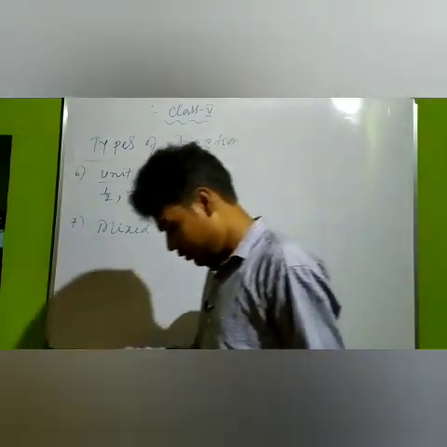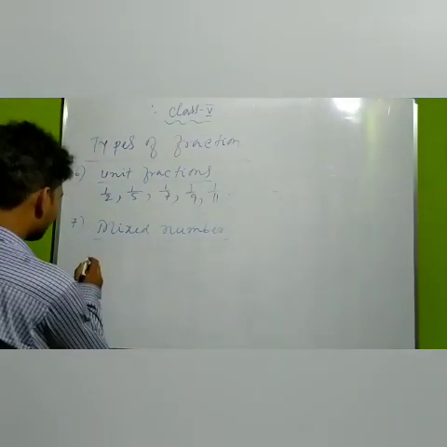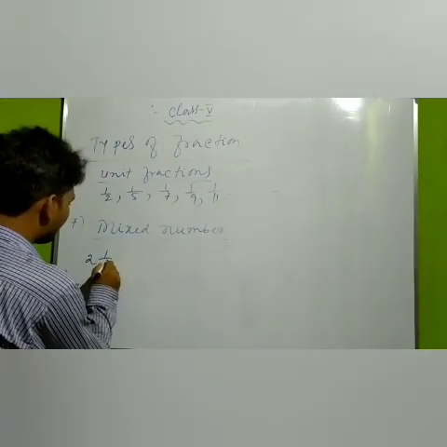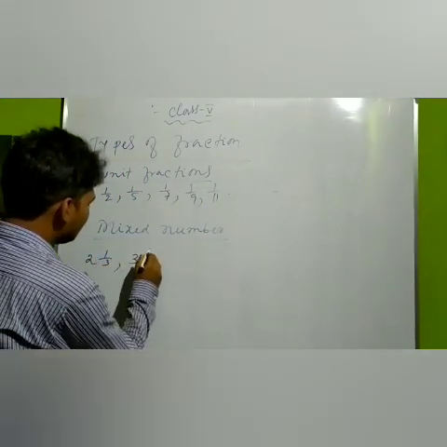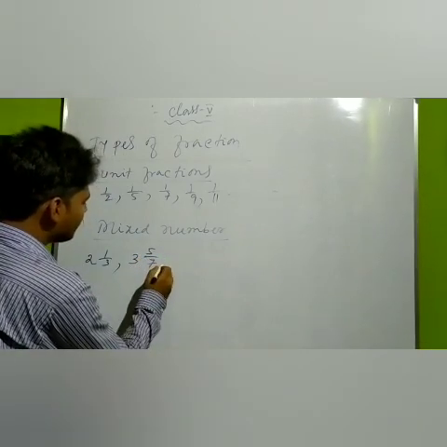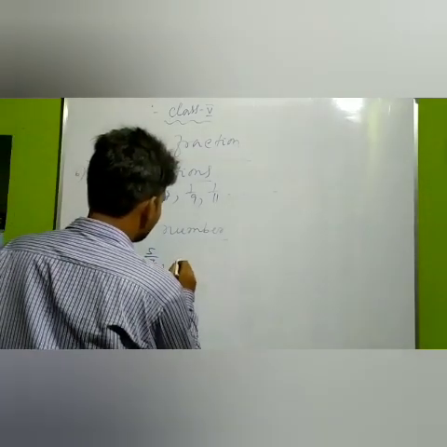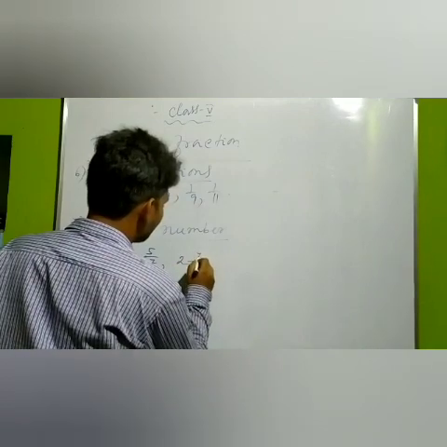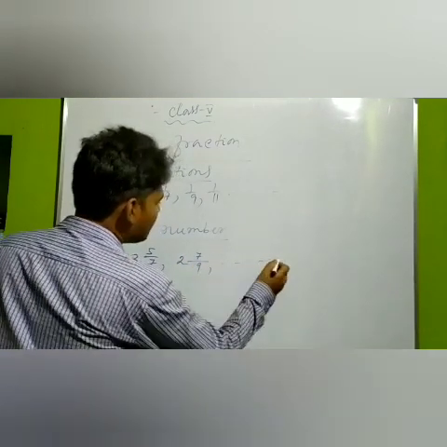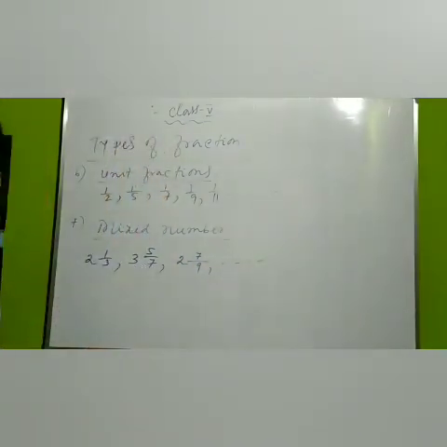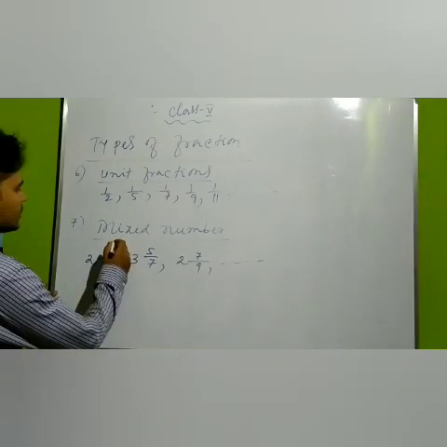Okay, just look like this: 2, 1 by 3, 3, 5 by 7, 2, 7 by 9. These type of fractions are called the mixed number.